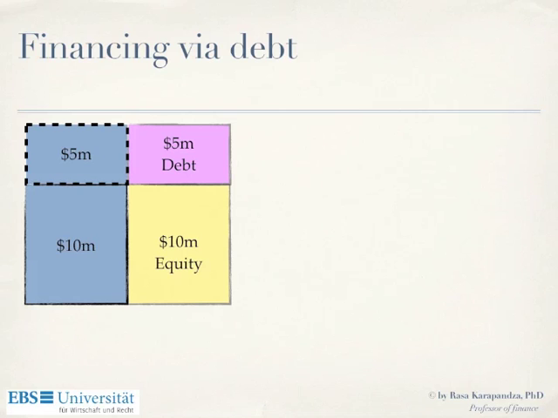And the bank will tell them, okay, sure, no problem. But you will have to pay interest on this $5 million. So the bank does not become the owner of any part. They just lend the money, and they expect some interest.